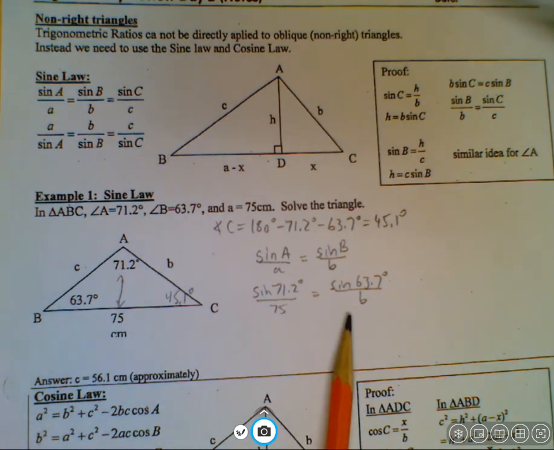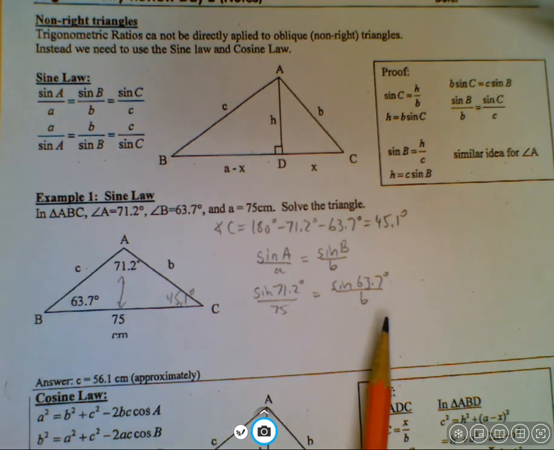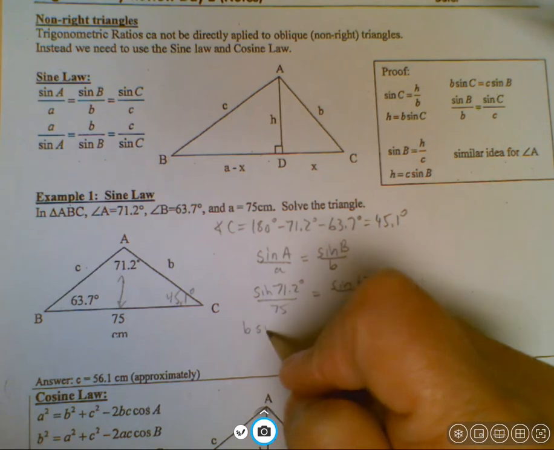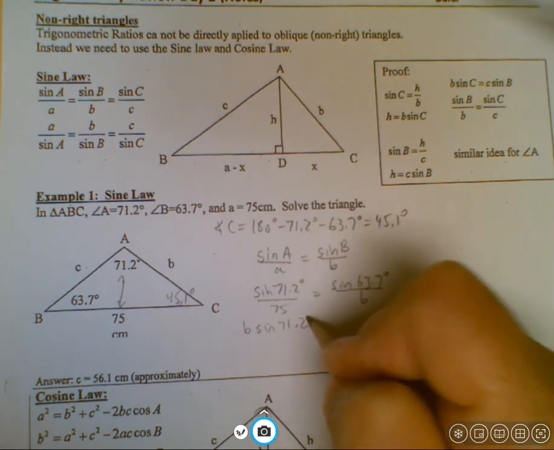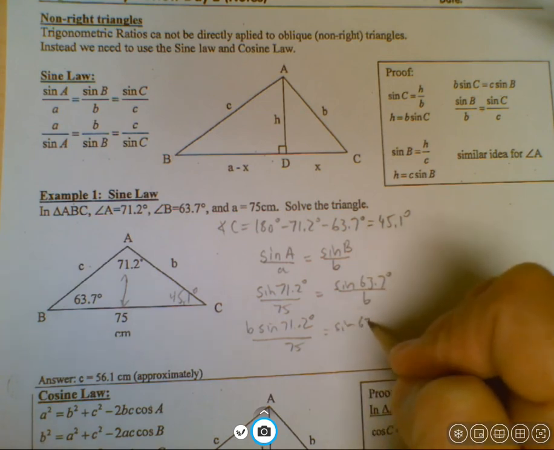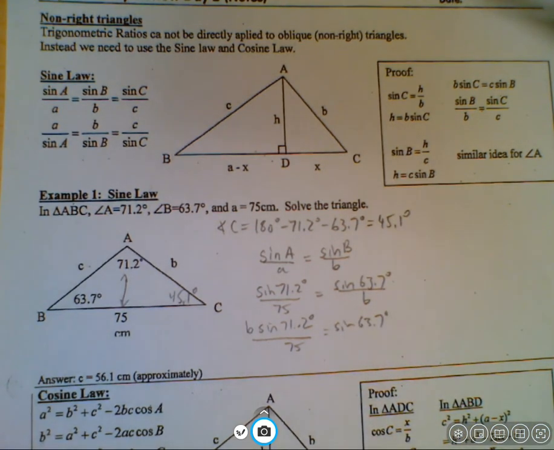So how we get it out of there is we clear the fractions. We multiply this equation by 75 and by b so that things will reduce on both sides. If I multiply both sides of the equation by b, I get b sine 71.2 degrees over 75 equals sine 63.7 degrees.